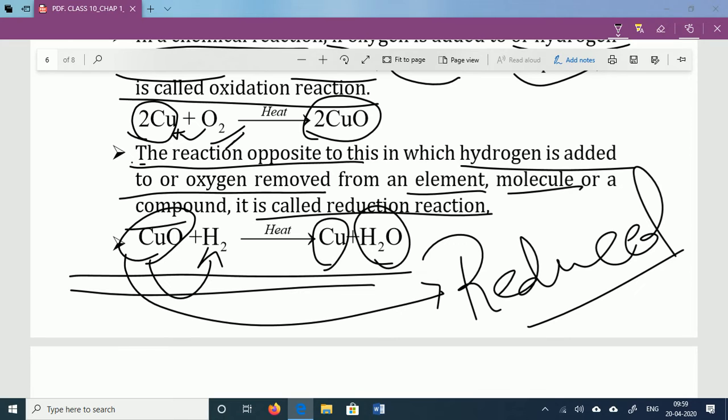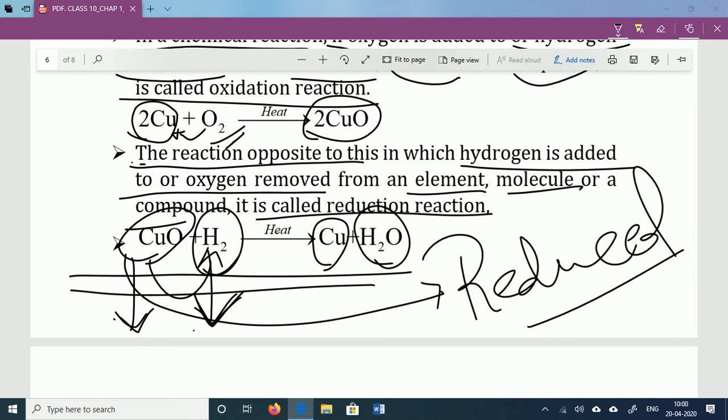Now see this reaction again. CuO plus H2 gives Cu plus H2O. So you observe that the CuO releases the oxygen, and that's why CuO undergoes the reduction process. But on the other side of this reaction, the hydrogen gas receives the oxygen, and that's why H2 undergoes the oxidation process.